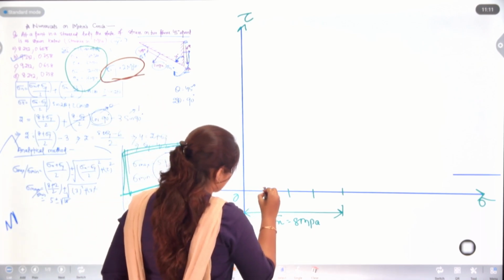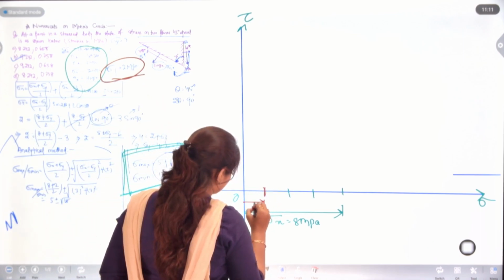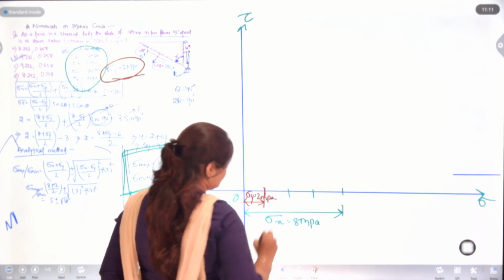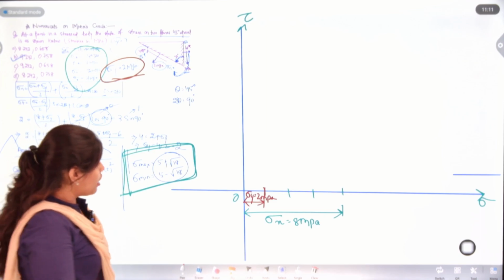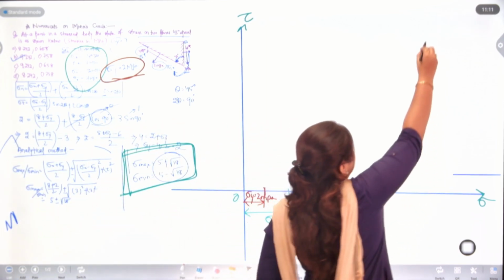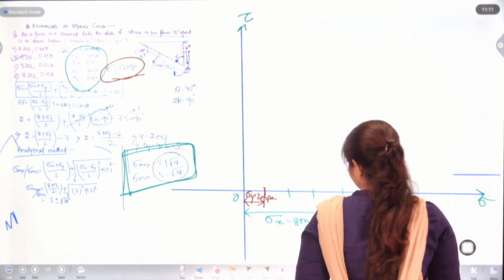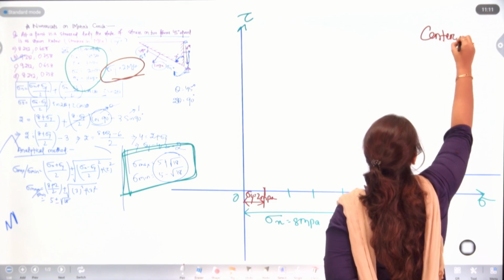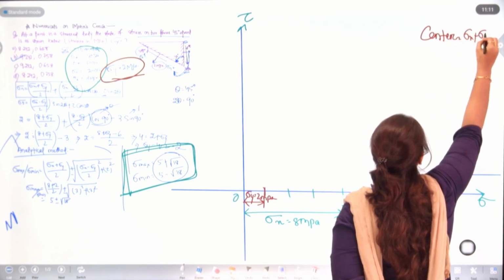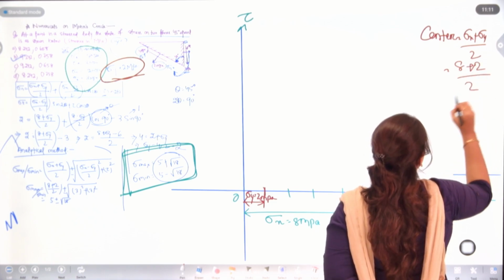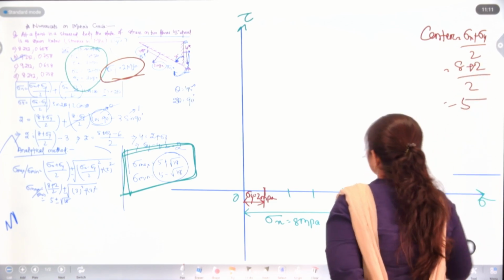So, your sigma y will be here, 2 megapascal. Okay. Now, we need to find out the center. So, the center will be sigma x plus sigma y upon 2, 8 plus 2 by 2, that will be 5.